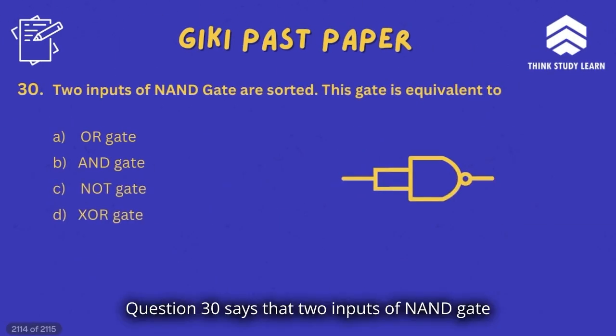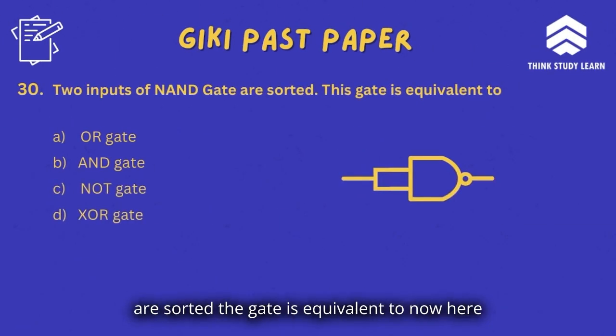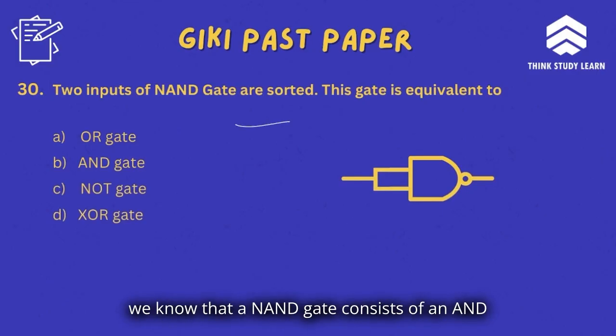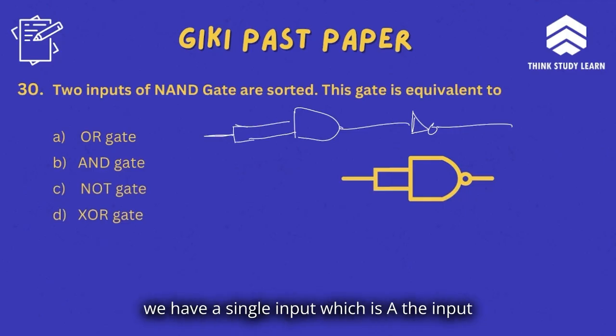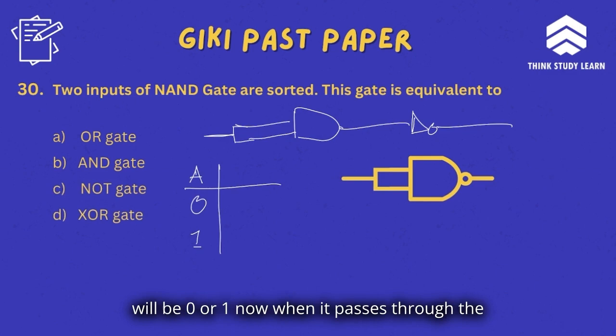Question 30 says that two inputs of NAND gate are shorted. The gate is equivalent to. Now here we know that a NAND gate consists of an AND gate and then a NOT gate. Now in our case we have a single input which is A. The input will be 0 or 1.